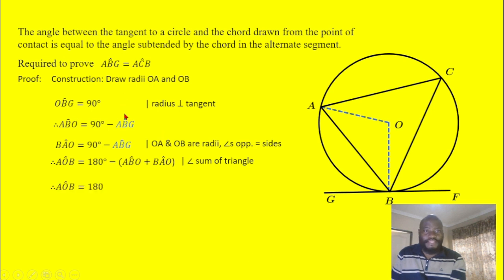Actually, the same thing for both of them. So we have 90 minus ABG and 90 minus ABG. So now we simplify here. The 90s will give us negative 180, and it will cancel with this one. And then the negative will multiply the blue angles to be positive 2ABG.